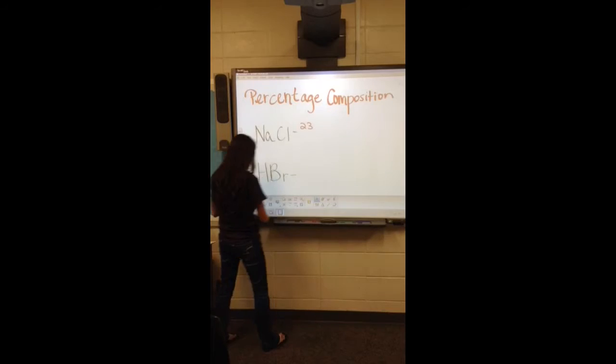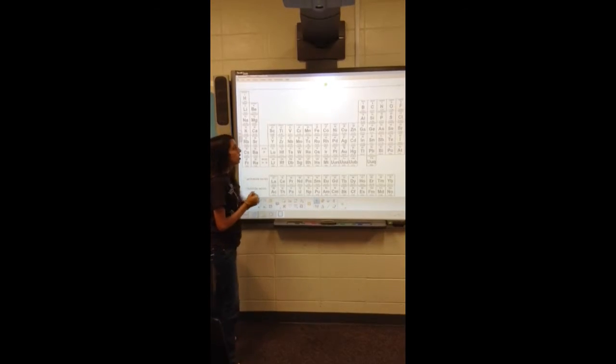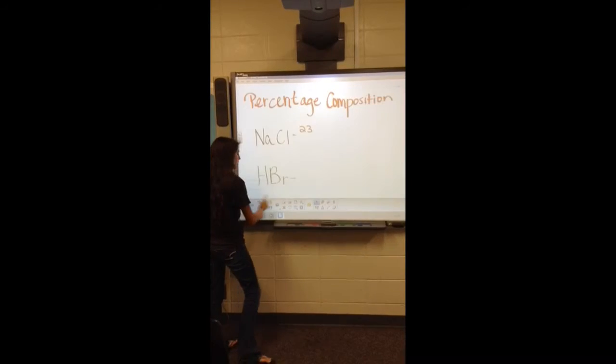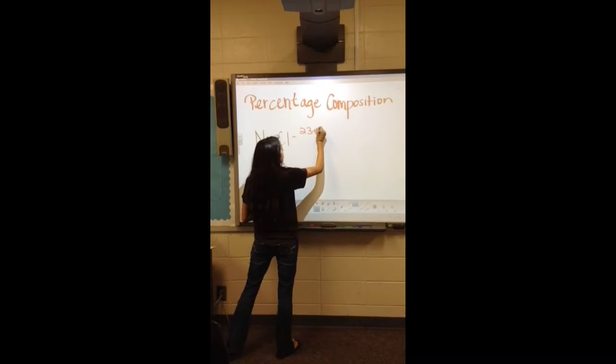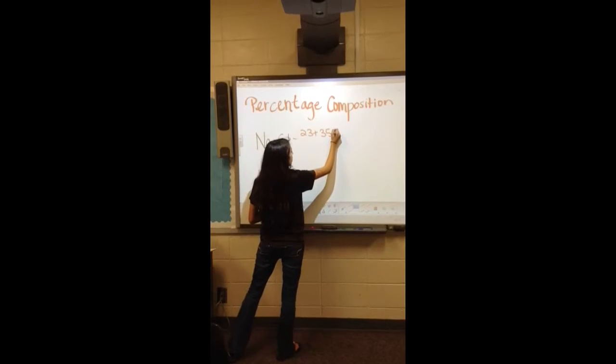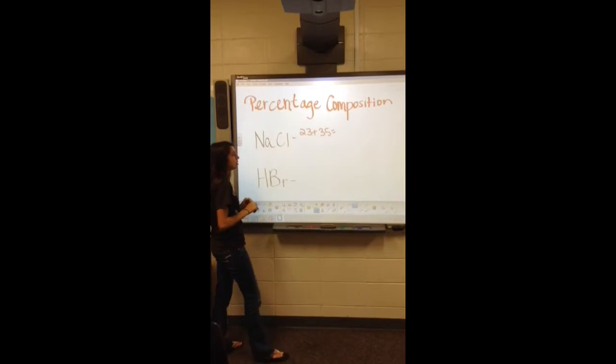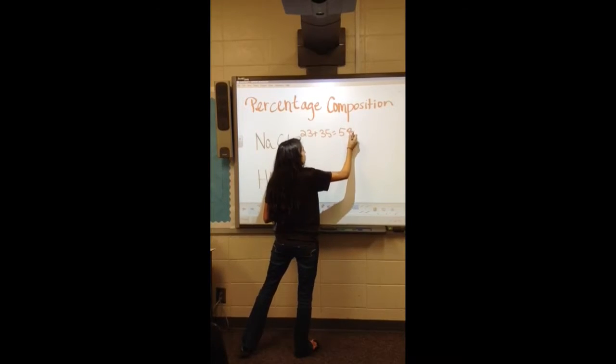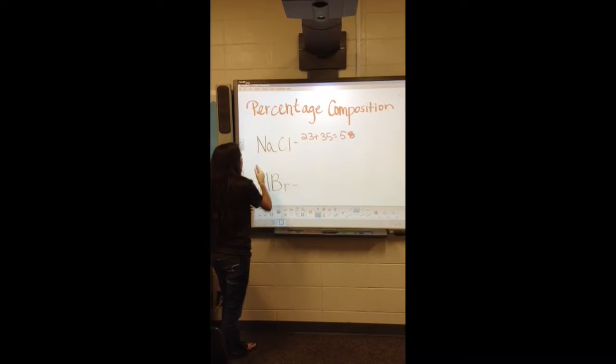And then Cl is what? 35. Yes. So then we're going to add 35. 58. Yes.